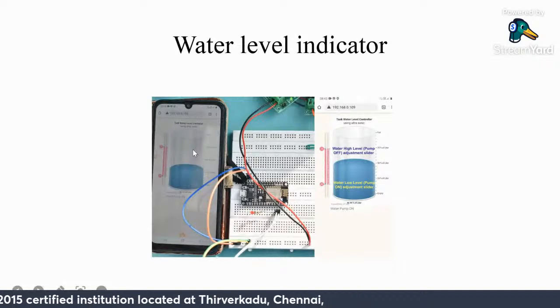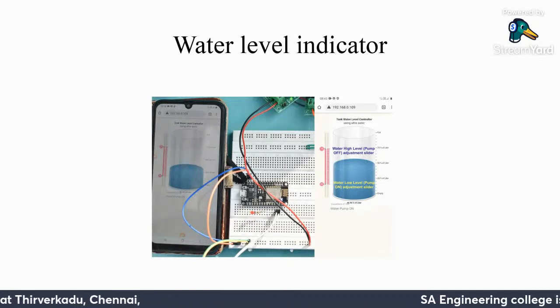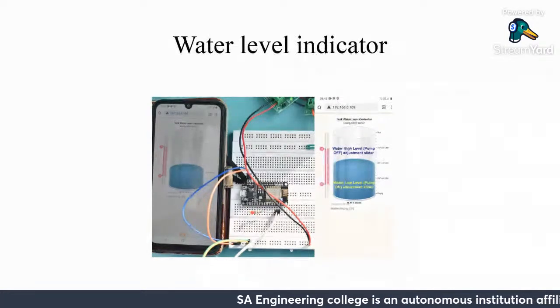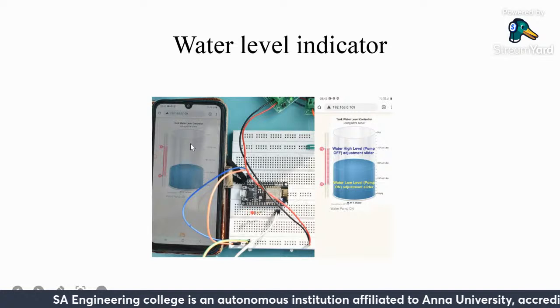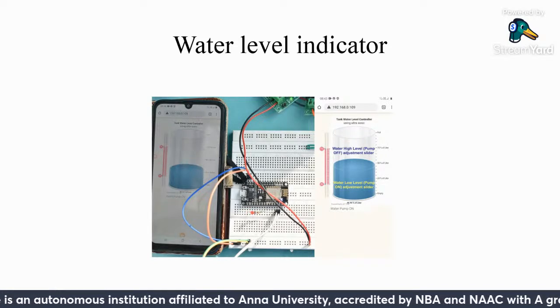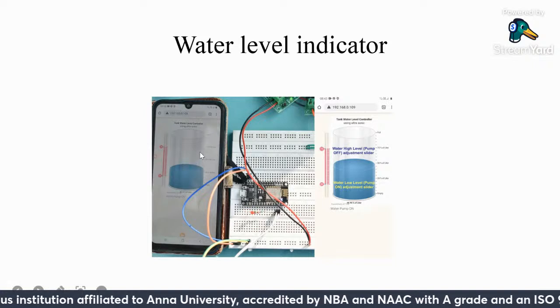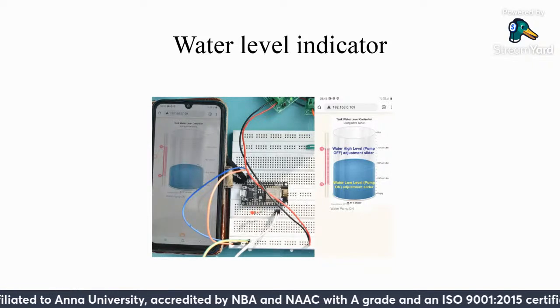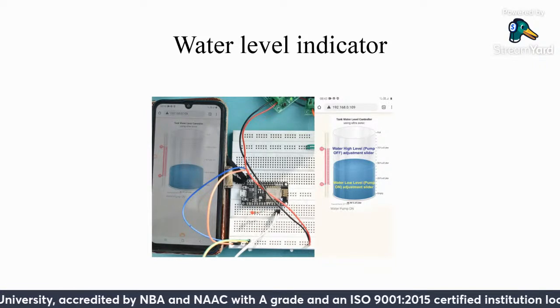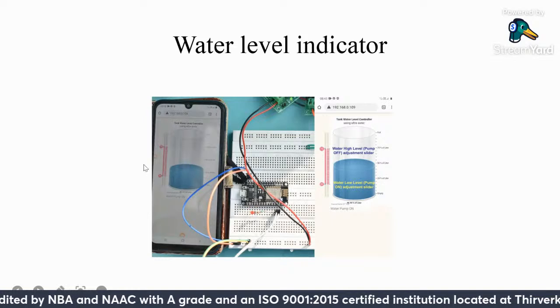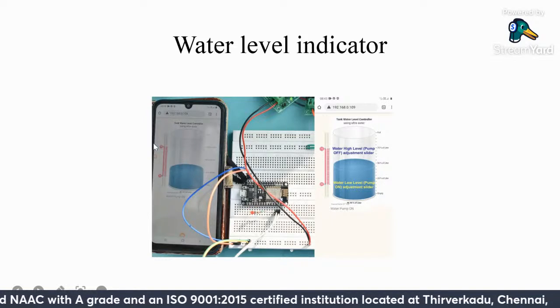And we even get an alarm optionally: if the percentage of the tank is above 90 percent, then our system will raise an alarm, and we can use this alarm to control the pump for storing the water in the tank automatically.